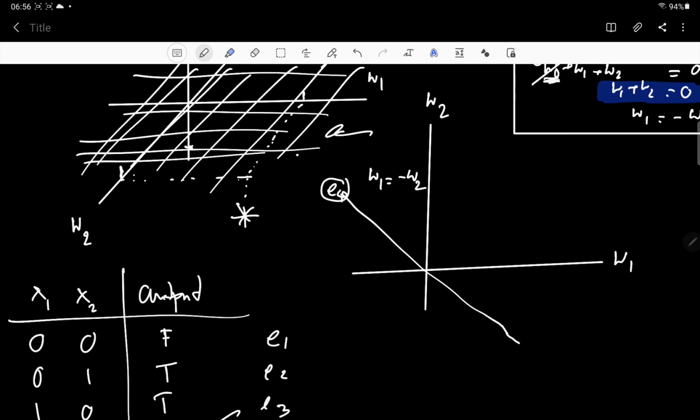Right. And guys, if I use some point here and some point on the other side of the line, look at this. If W1 is 1, W2 is 1, can this weight be used to classify E4?